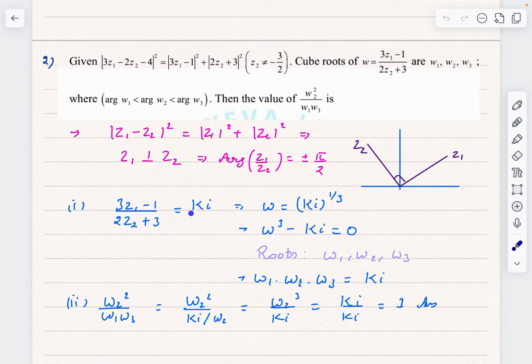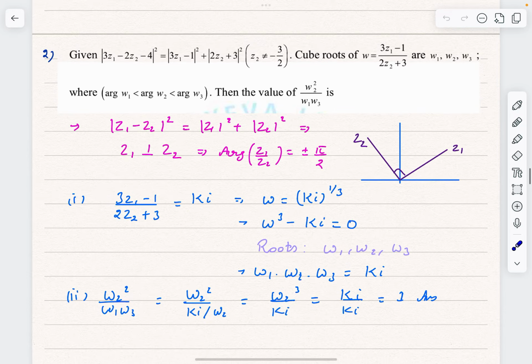So this is k iota, where k could be any real number except 0. So w will come out to be the cube root of k iota. So we can say w^3 minus k iota is equal to 0. The roots here will be w1, w2, w3. For this polynomial, the product of roots will be k iota.